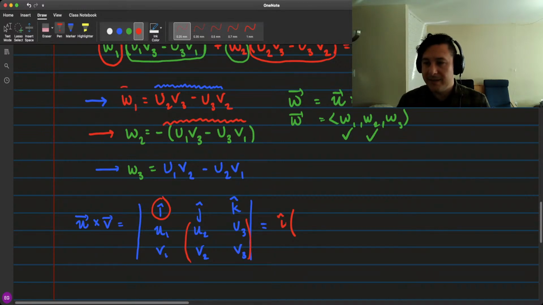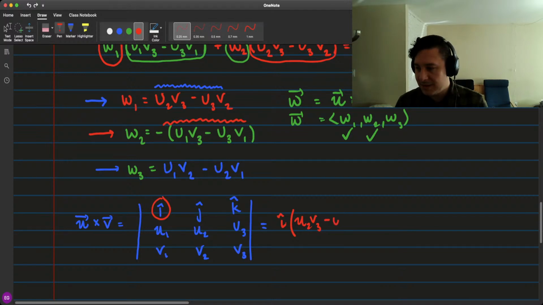Do we recognize that from here? So what you do is you multiply like this and subtract those two being multiplied. U2 V3 minus U3 V2.